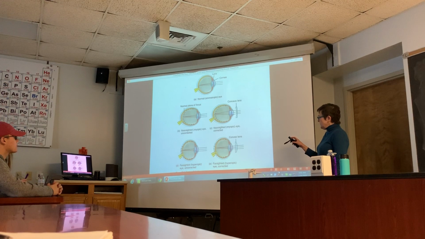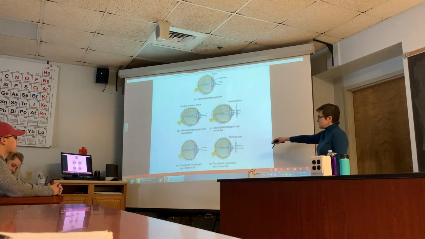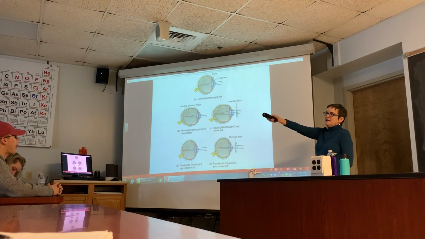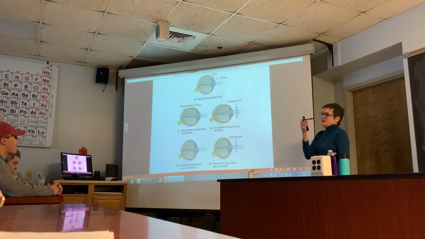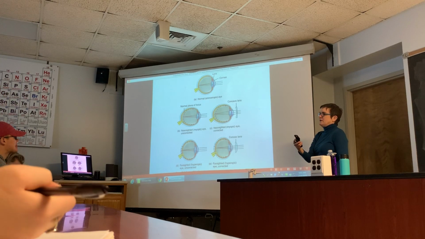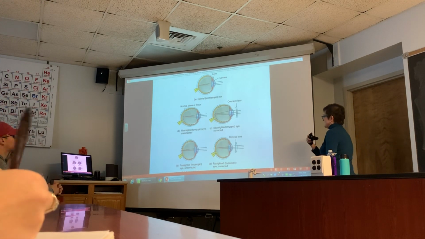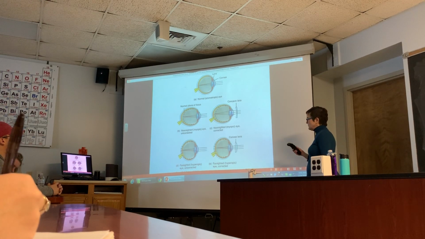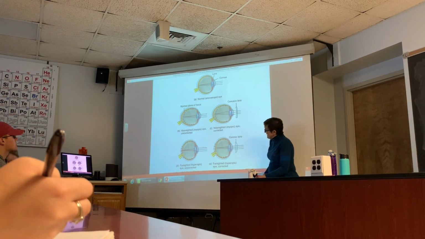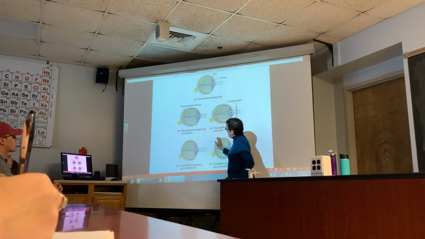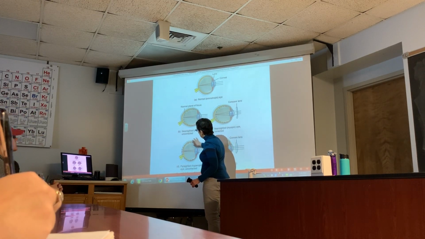Now, the other one, hyperopic, meaning you're farsighted: you can see far away, but you can't see up close. And this is something you would be born with, or have as a child, as opposed to what happens in adults as they get older. So notice how the eyeball is shorter.